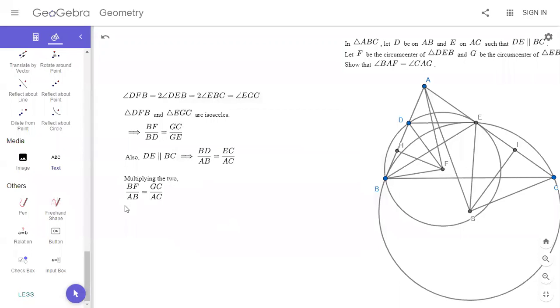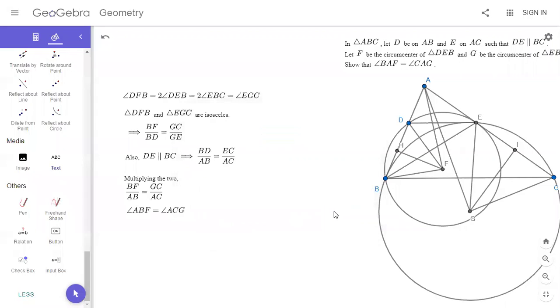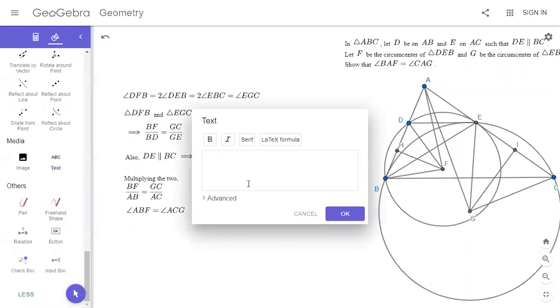And then we also have angle ABF is equal to angle ACG, since those two isosceles triangles are similar. And so that means that triangle ABF is similar to triangle ACG. So that's side angle side similarity.